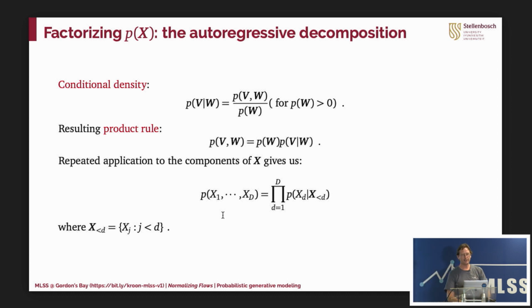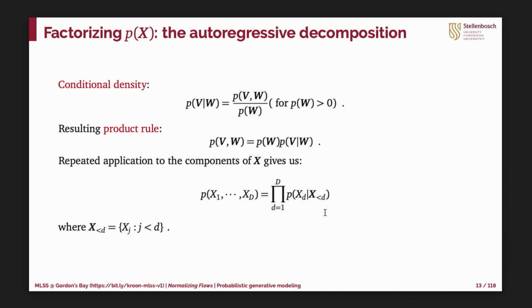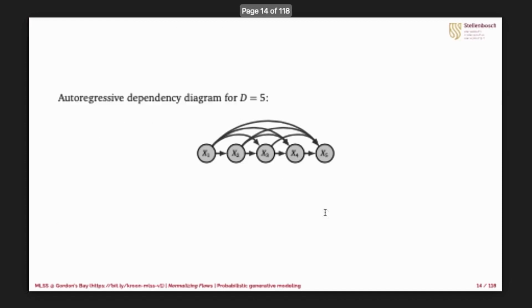So we can take the distribution over the entire x and decompose it into a product over the d components of the density for the d-th component conditioned on the preceding d minus 1 components. That's the autoregressive decomposition. It's general. We can apply it wherever we want.